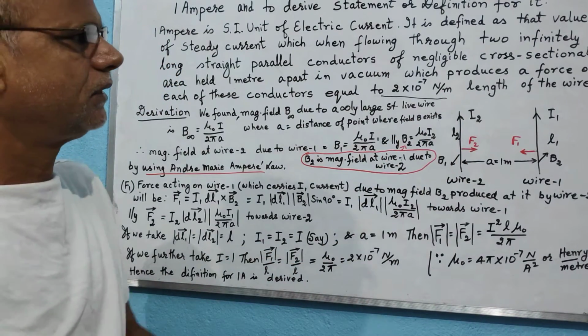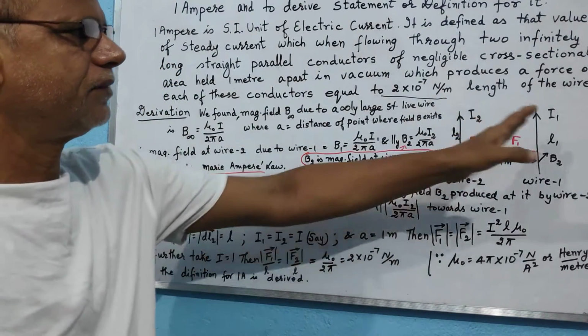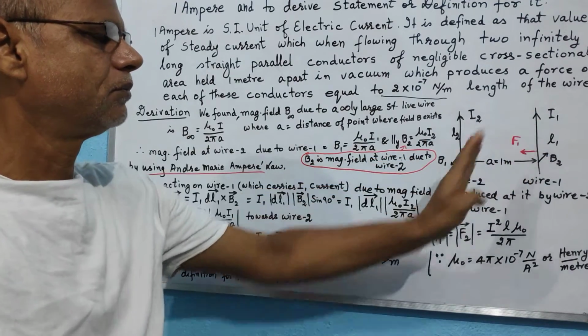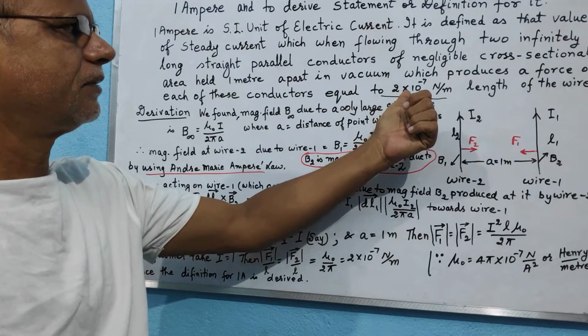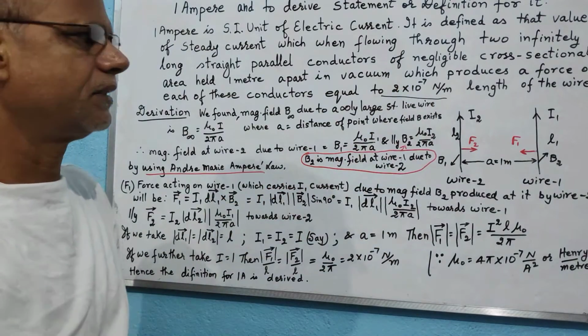So it is that current which, when flowing through these two parallel wires, produces a force per unit length of 2 into 10 to the power minus 7.